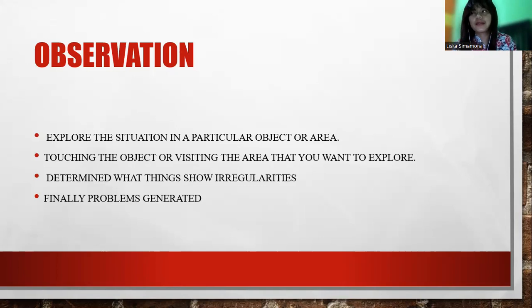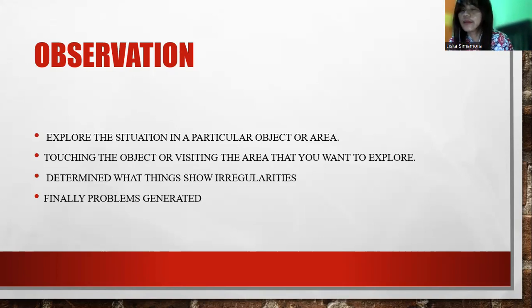So it is something not ideal, or it will make people struggle to have that kind of product, or the place will make the crops not grow well. And then by experiencing those kinds of irregularities, we finally can identify the problem.